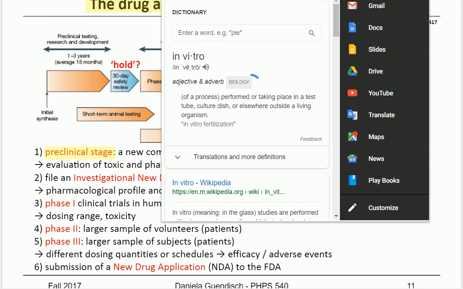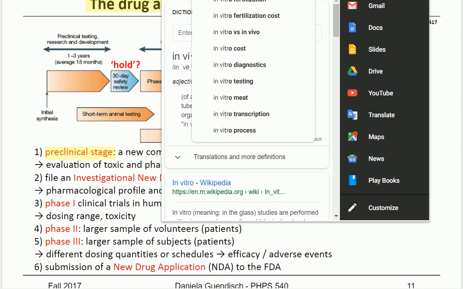In vitro is performed or taking place in a test tube, culture dish, or elsewhere outside a living organism.